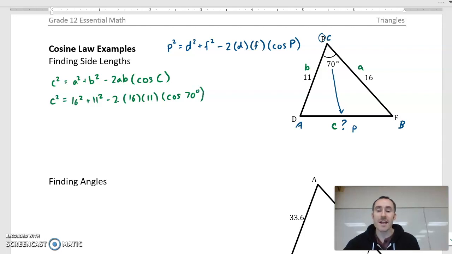Now, if we've got it set up like this, all of this stuff on this side of the equation, you can just punch that all into your calculator, all in a straight line, exactly like it says, and it will work out just fine. But we should recognize that when we do that, we are actually getting C squared.